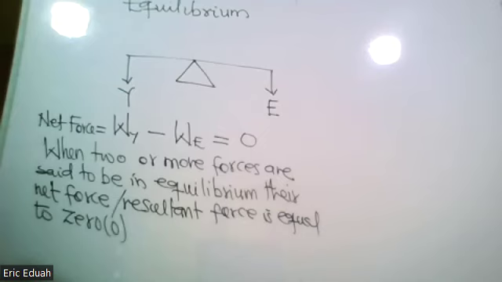The equilibrant is a force which causes a number of forces to be in equilibrium. The equilibrant is a single force that causes a number of forces to be in equilibrium.